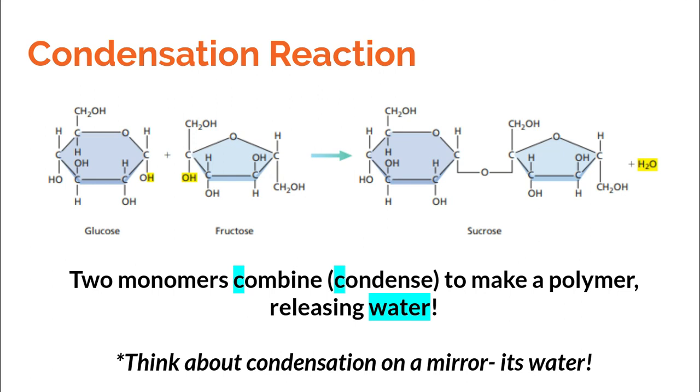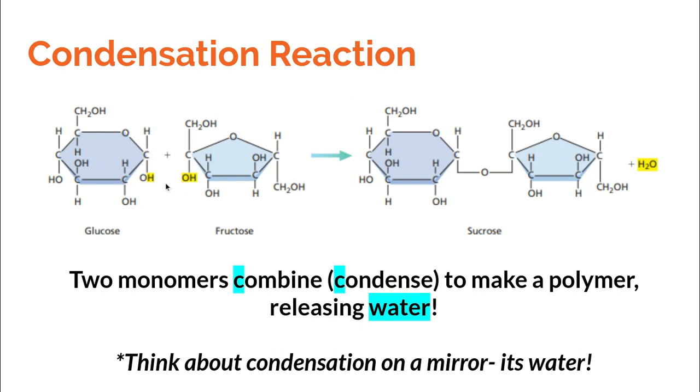So in order for these two guys to bond and connect together, we need to get rid of something so that they can join. And what we get rid of is water. So from this carbon, we take off an OH. From this carbon, we take off an H. H2O.